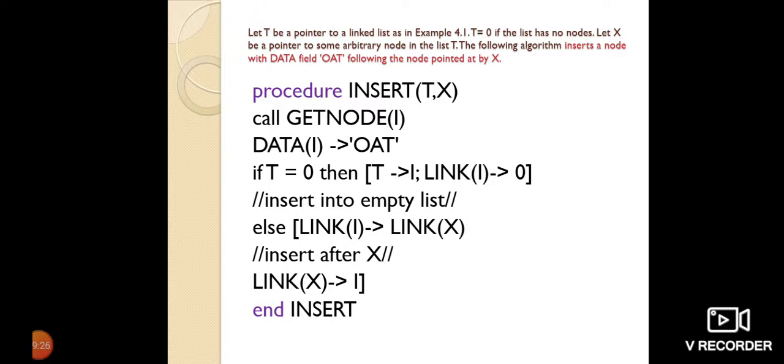So you're going to tell that I is equal to T, and link of I is equal to 0, so that this becomes the last node. So if you want to insert into an empty list, this will be the condition.